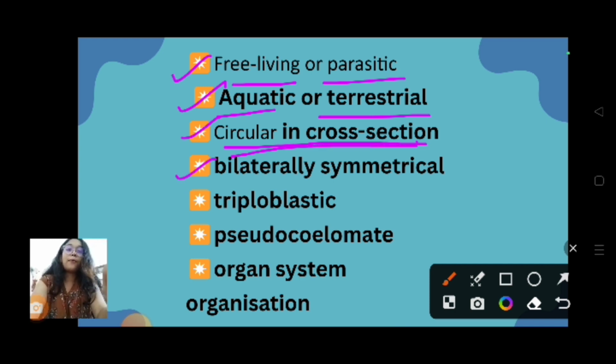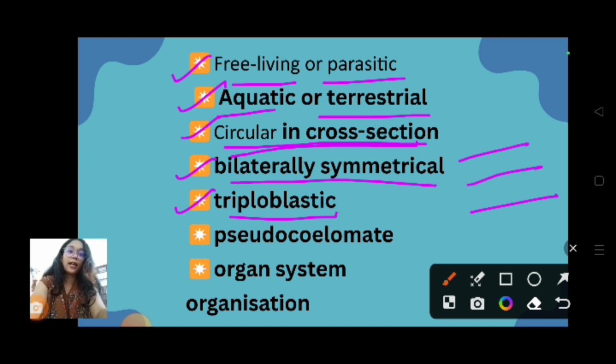Then they are bilaterally symmetrical, means you can divide this particular organism in one plane to get two equal halves. Then they are triploblastic, means they are having 3 germ layers, that is outer ectoderm, middle mesoderm and inner endoderm. Is it clear?